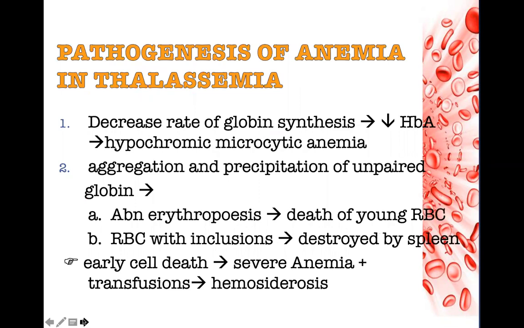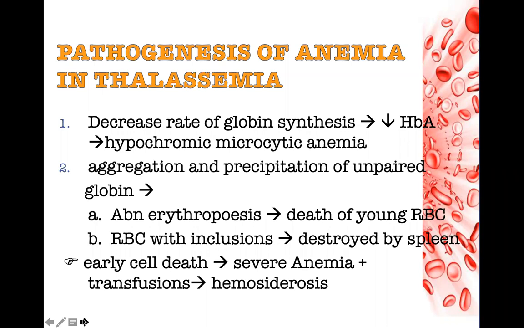So this is a combination of a decrease in globin synthesis, which may result in hypochromic microcytic anemia, and then aggregation and precipitation of unpaired hemoglobin. The abnormal erythropoiesis may lead to the destruction of young RBCs, and it may also present with RBCs with inclusions that are easily destroyed by the spleen.